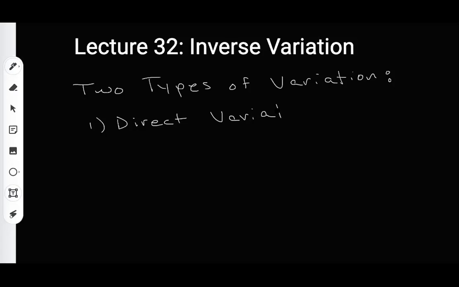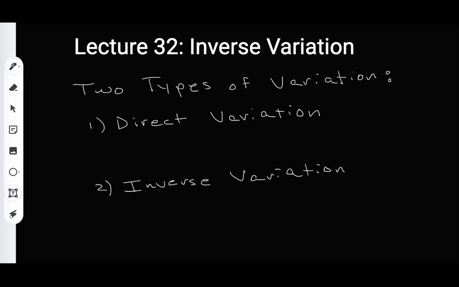The second type is called inverse variation. So we'll be talking about both today, but more on the inverse variation.